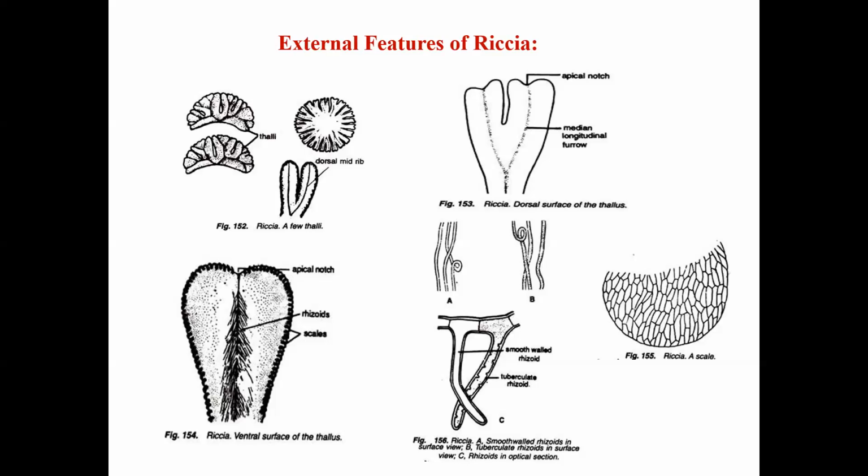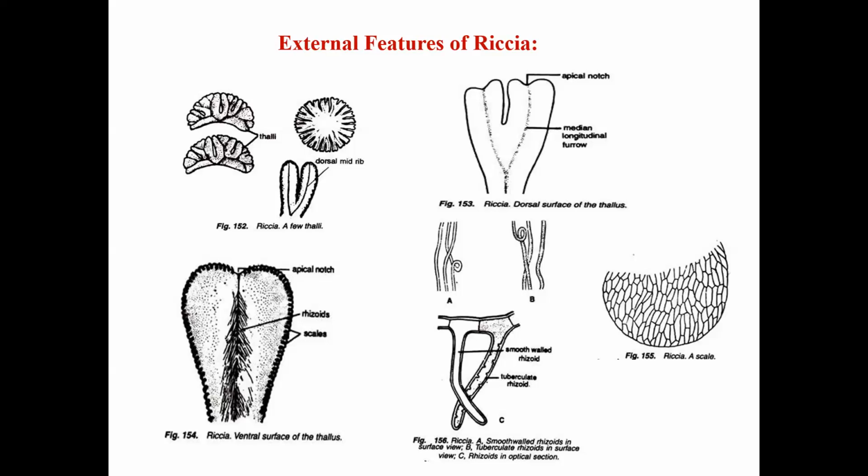The rhizoids are also found on the ventral surface of the thallus. The rhizoids absorb nutrients and water from the substratum, and they perform the function of roots.